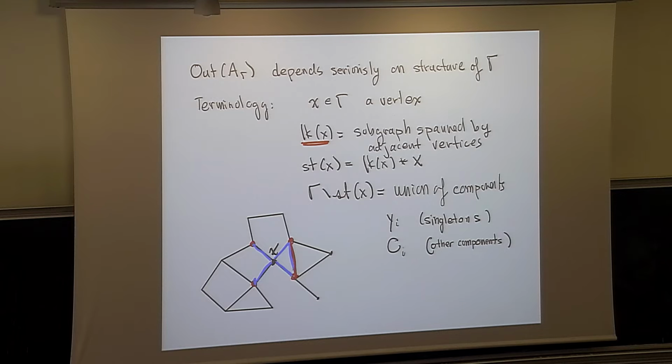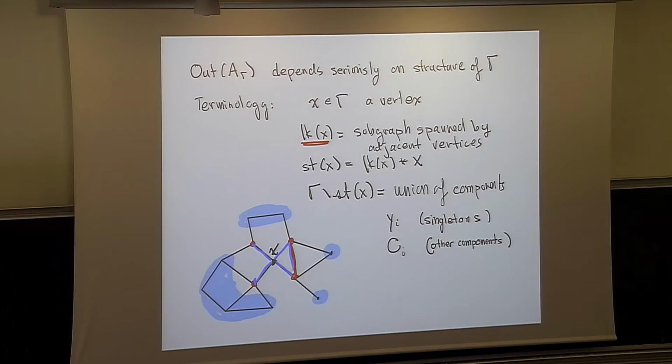And if you look at the rest of the graph, after you get rid of the star of X, the complement of the star of X, it breaks into components. There's one component, here's another component, here's another component, here's another component.